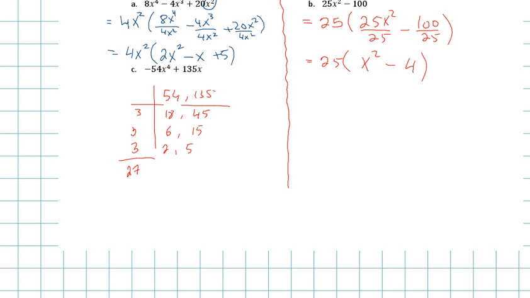I can divide 6 by 2, but I cannot divide 15 by 2, so I'm going to try 3. 6 divided by 3 is 2, 15 divided by 3 is 5. The 2 you can only divide by 2, the 5 you can only divide by 5, so there's no common factor anymore. So they stop, and then they go 3 times 3 times 3, which is 27.